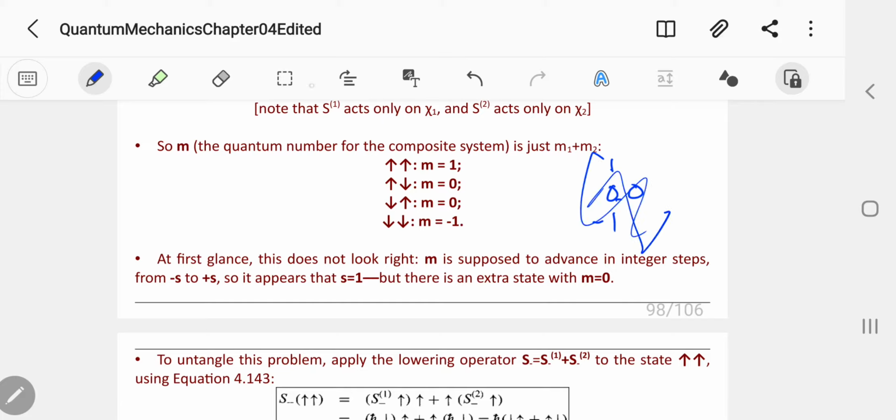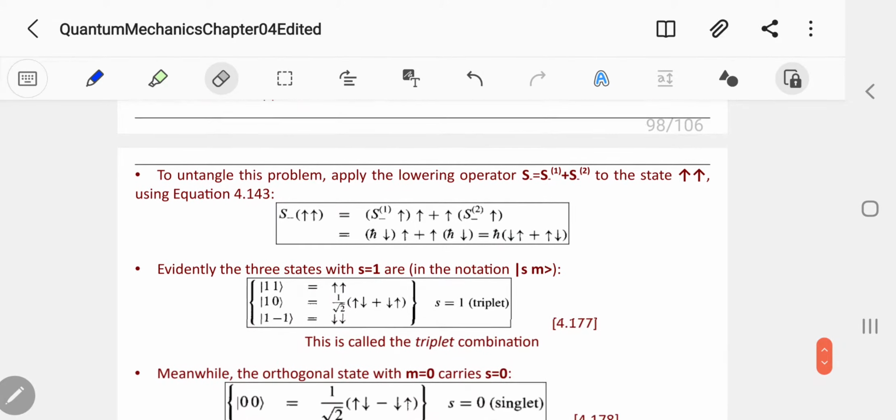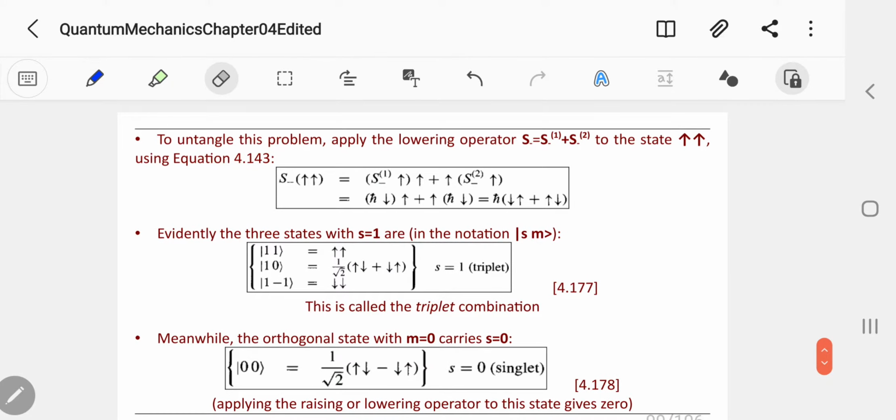Then we just have to apply S minus, the lowering operator, on this state to get the lower state of that.